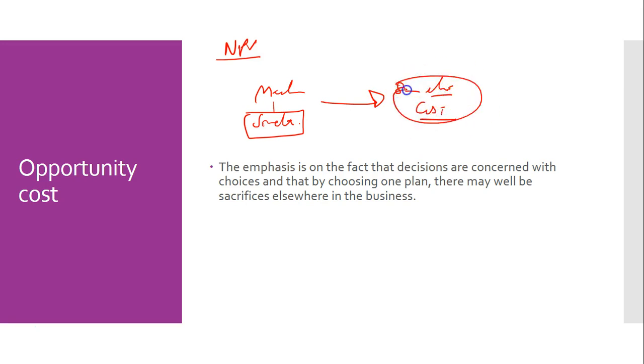For example, this might be a new contract that comes in and you stop doing what you ordinarily do. As soon as you start doing this thing, of course there's a cost involved, but also you're missing out on the potential revenue the machine should have been earning. So this revenue lost is a potential cost, an opportunity cost, and you should consider that as well.